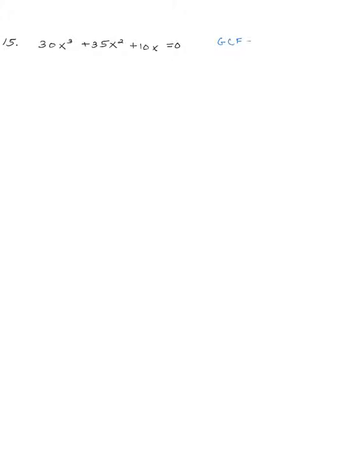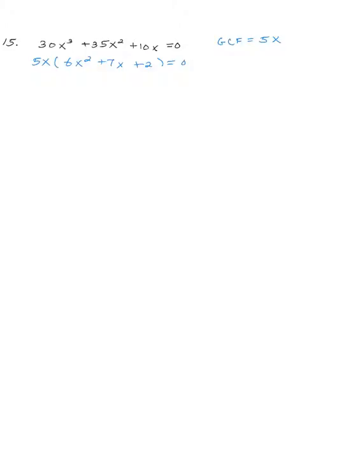I'm going to remove a greatest common factor of 5 and x. I'm left with 6x squared plus 7x plus 2 is equal to 0. Okay.